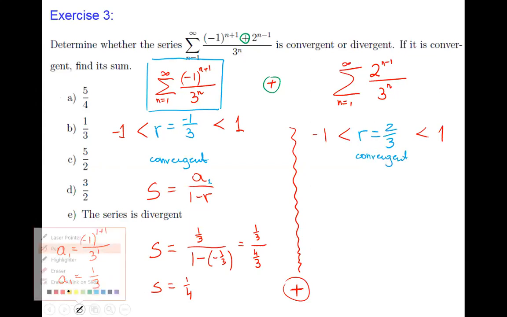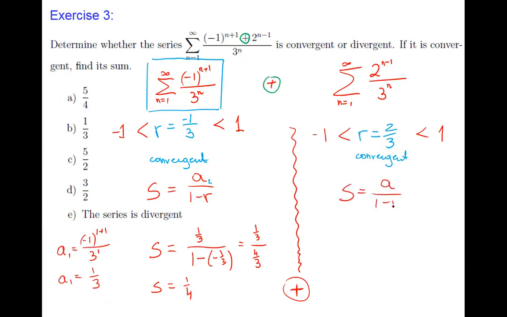Convergent, and let's use the same sum. A over 1 minus r. 1 minus 2/3, but who can tell me A for this one? What's the first term? It's A sub 1. 1/3 again.